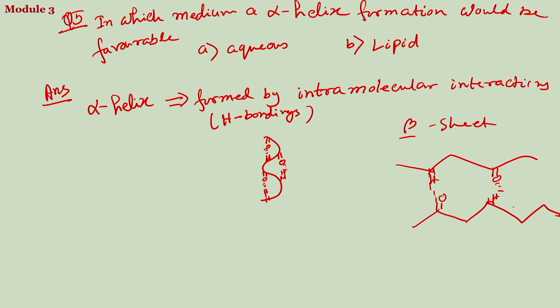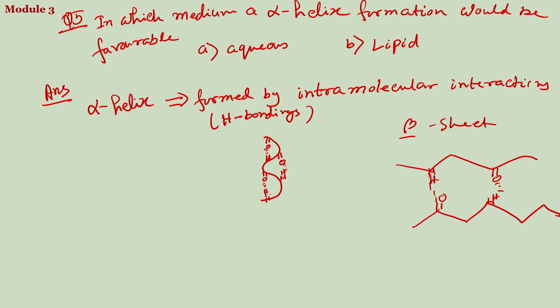On the other hand, if you put it in a lipid, lipid does not have water, lipid is hydrophobic. So, the polar groups would want to hide away from the surrounding medium. And how can they hide away?